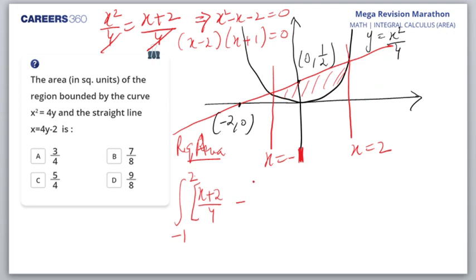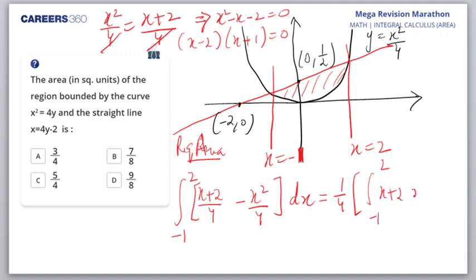This blank portion is the portion below the parabola, x square by 4, dx. So what do we get? We get 1 by 4 taken common, and I'll get the integral from minus 1 to 2 of x plus 2 minus x square. So what I'm going to get? I'm going to get 1 by 4.